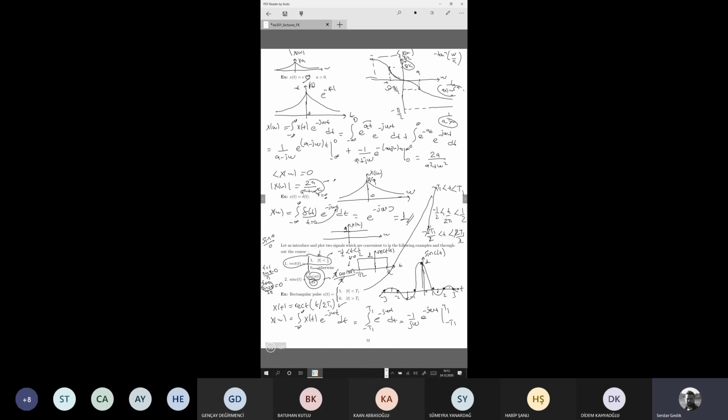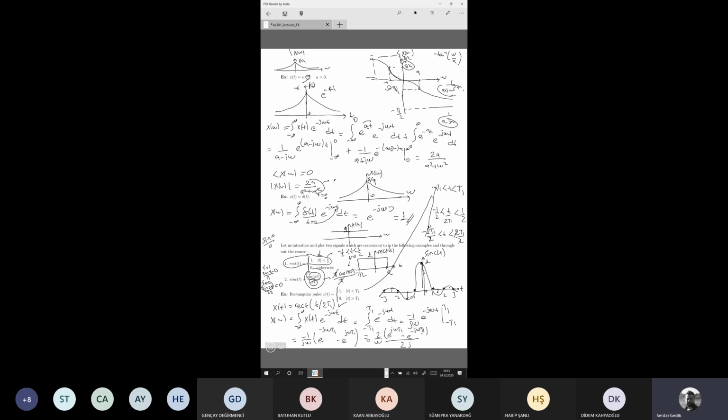So if you evaluate, minus 1 over j omega times e to the power minus j omega t1 minus e to the power j omega t1, it is equal to 2 over omega times e to the power j omega t1 minus e to the power minus j omega t1 over 2j.